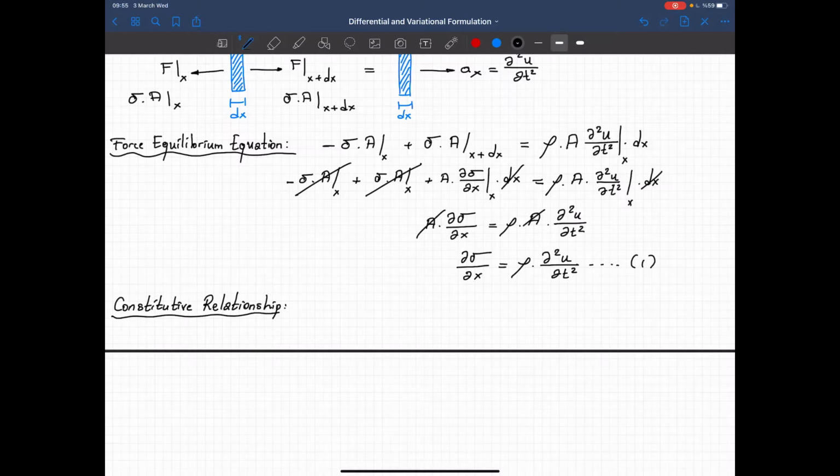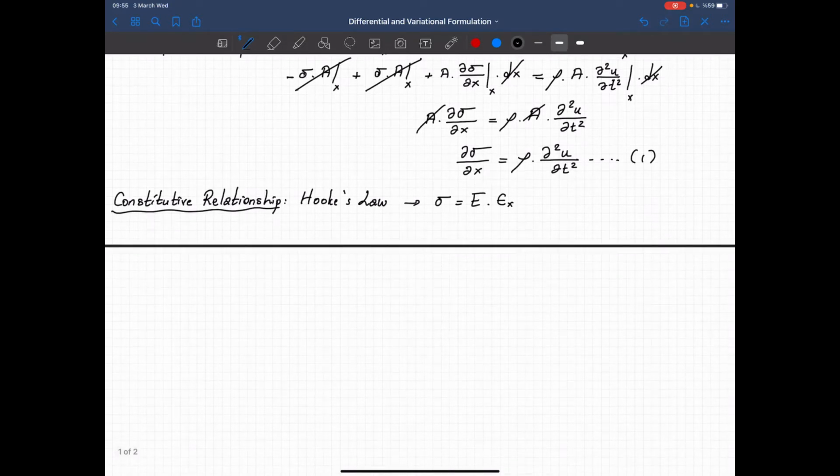So if we say that this is an elastic material, we can use Hooke's law. It simply tells me that stress is equal to elastic modulus times the axial strain.